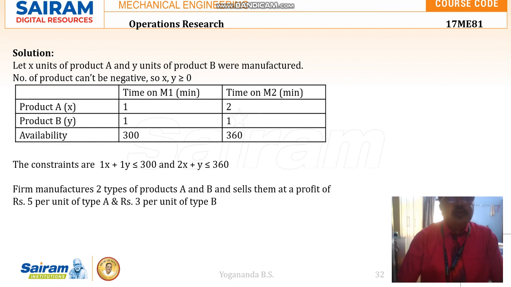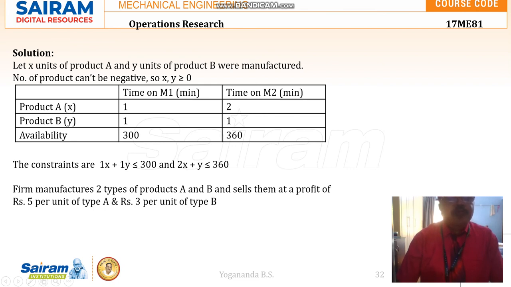Now the constraints: whether you process product A or product B, machine 1 is available for 300 minutes. If I produce 1 unit of A, the time spent is 1 minute. If we produce x number of units, it is 1x.